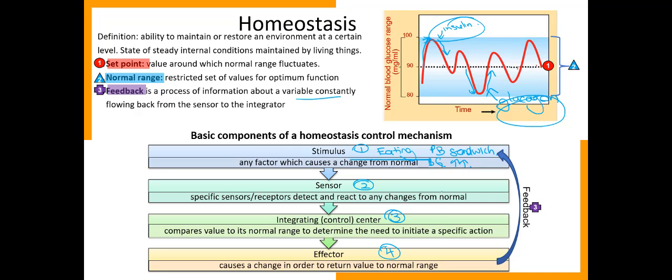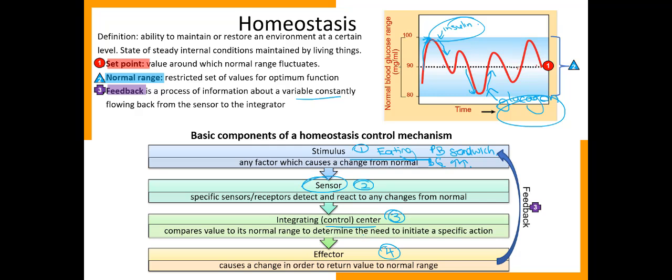That increase in blood glucose level is detected by a sensor, part of which is in the pancreas. It detects the increase, compares it, and then sends that signal to an integrating or control center to see, has it changed?